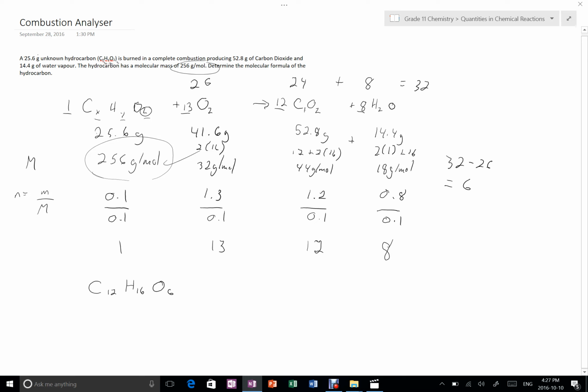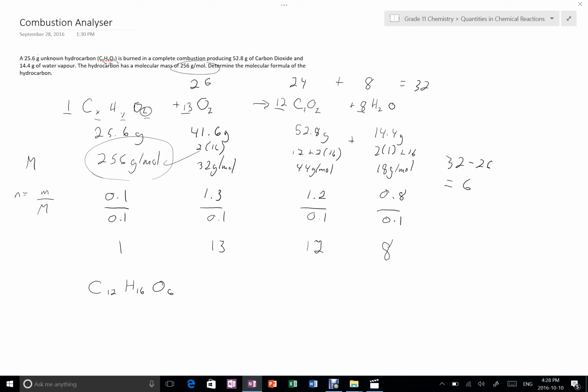Now one more time. I'm going to find the composition of a hydrocarbon by analyzing when it's burned in complete combustion how much carbon dioxide and water are produced. I set up the skeletal equation unbalanced. Hydrocarbon plus oxygen goes to CO2 and H2O. Using masses, I make sure I have the mass of every compound that's involved in the combustion.